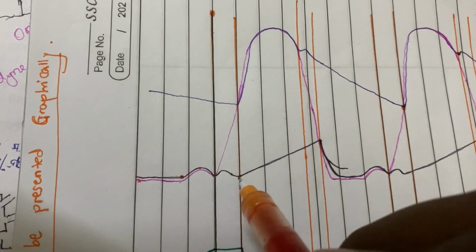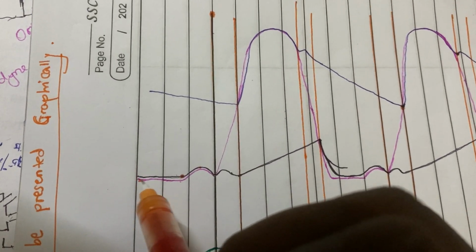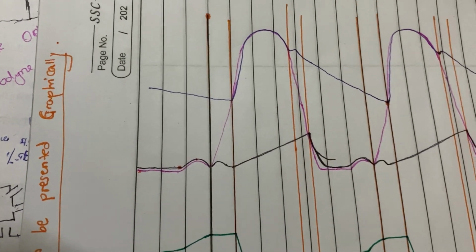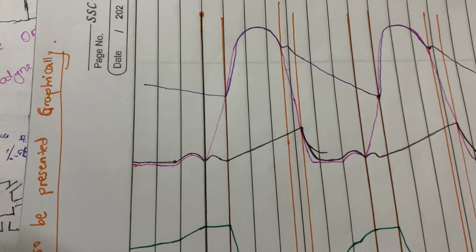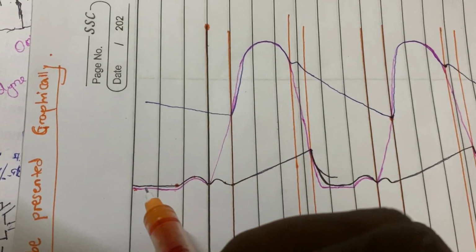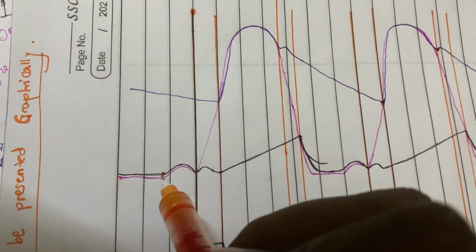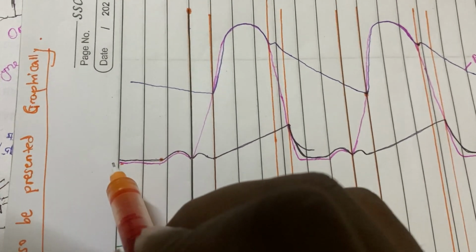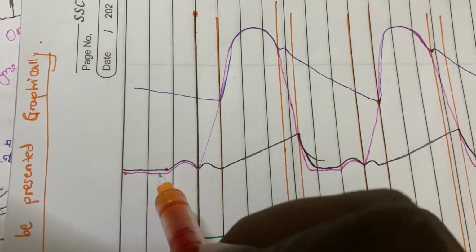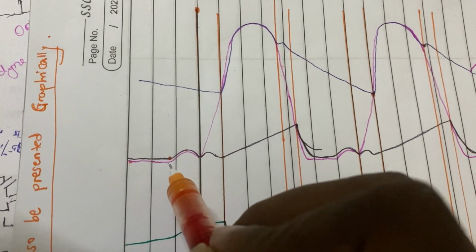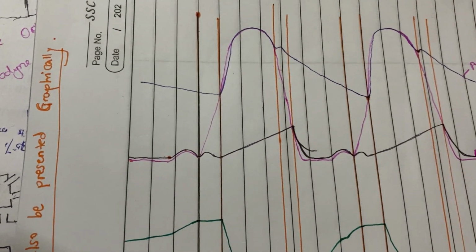Since these are pressure tracings, the atrial pressure should be slightly higher than ventricular pressure because we need blood to flow from atria to ventricle. The black line on the pressure tracing is way higher than the pink ventricular pressure tracing.